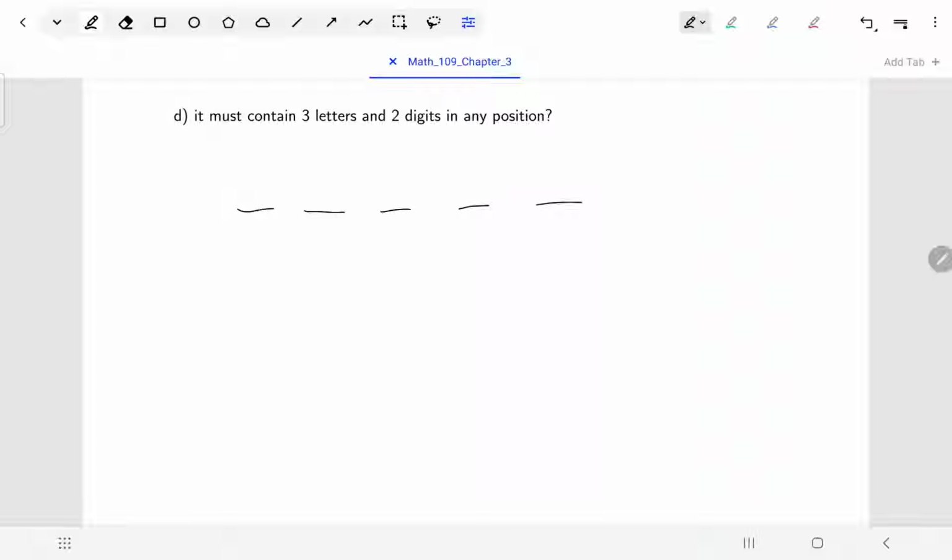The question is which 3 and which 2? So I guess my first task is I need to choose where the letters go. Out of the 5 positions that I have, I'm going to need to select 3 of them. So to choose 3 things out of 5 things, that's 5C3.